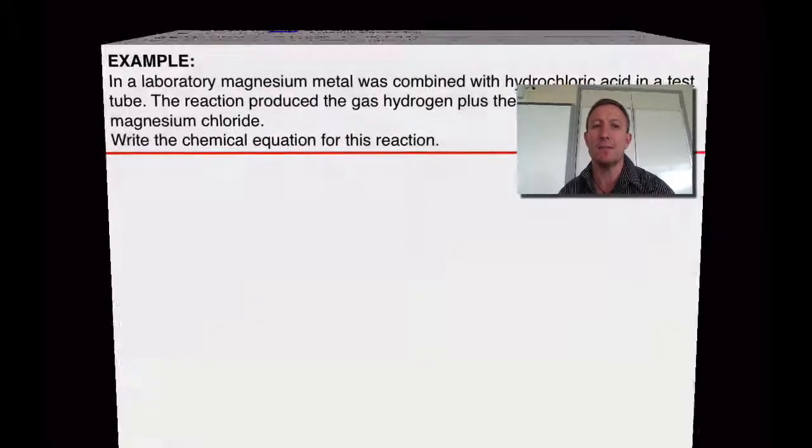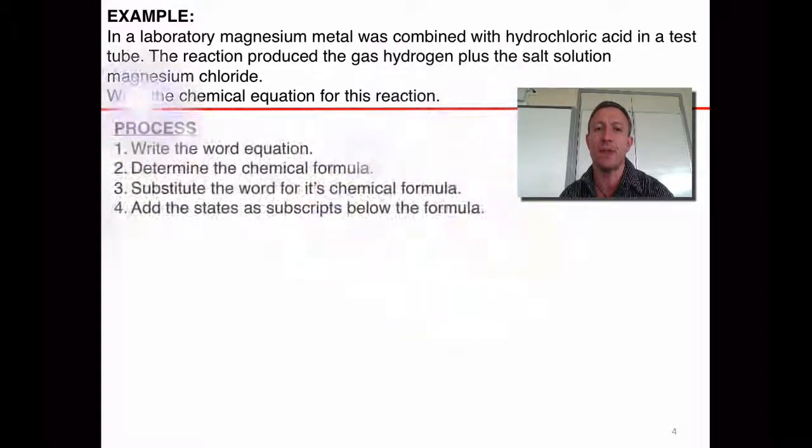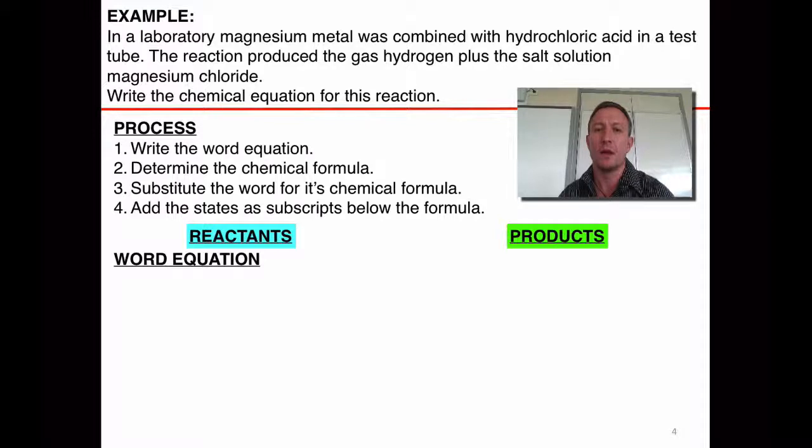Okay, so let's build a chemical equation. In this example, we've got magnesium metal, which has been added to hydrochloric acid in a test tube and resulted in the gas hydrogen being given off and a salt solution of magnesium chloride. This is exactly the same example we used in the word equation in the last activity. So, what do we do first? First up, we need to write the word equation.